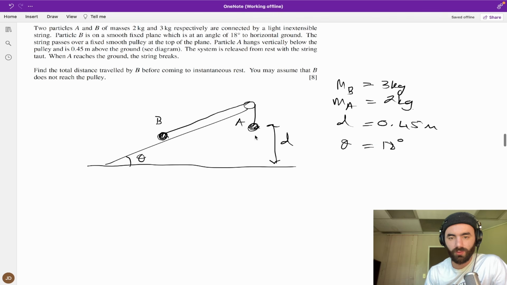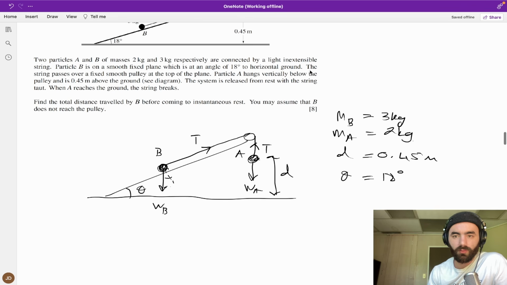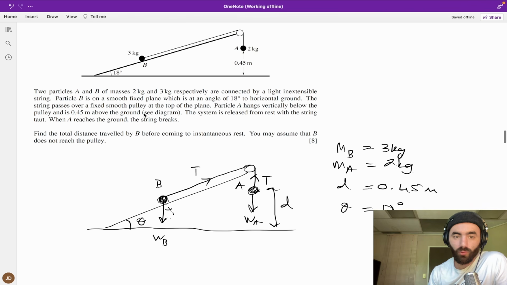Okay, should note that the tensions will be acting in again. We have the weight of A here, we have the weight of B. That's theta. Okay, so it's a smooth, fixed plane, so we don't have to worry about friction. The string passes over a smooth pulley at the top of the plane.